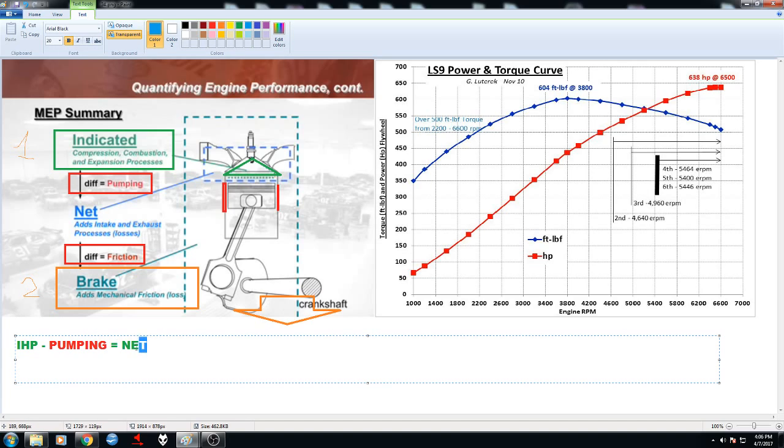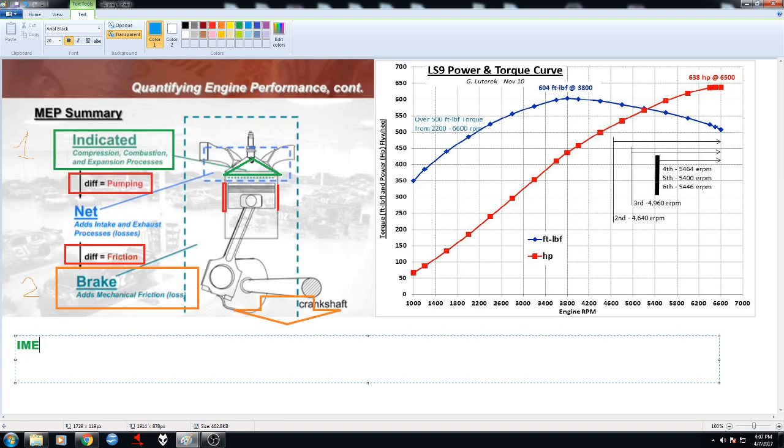That has nothing to do with net horsepower. Indicated horsepower is related to indicated mean effective pressure. Then brake horsepower is related to brake mean effective pressure. But net horsepower has nothing to do with net mean effective pressure. Now I confused you hella hard.